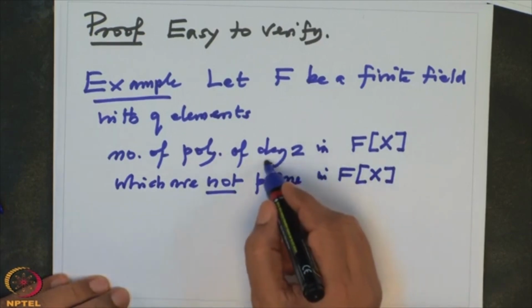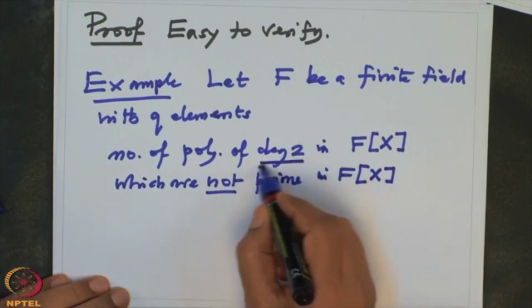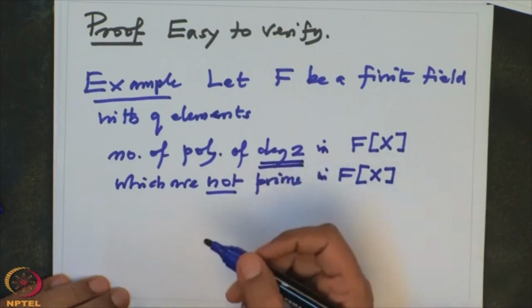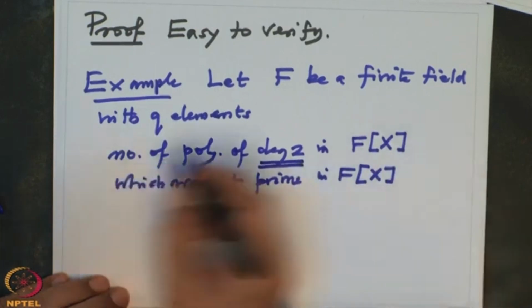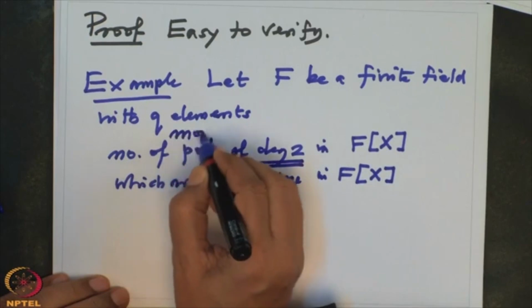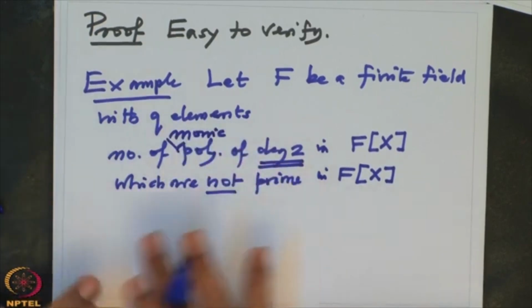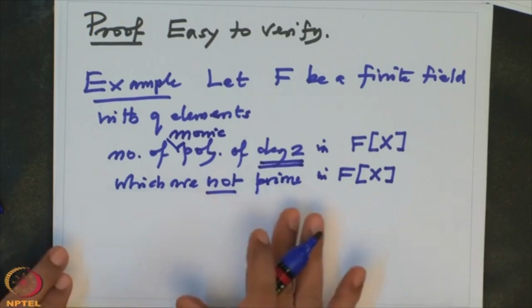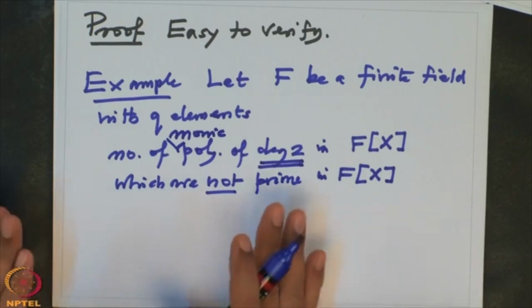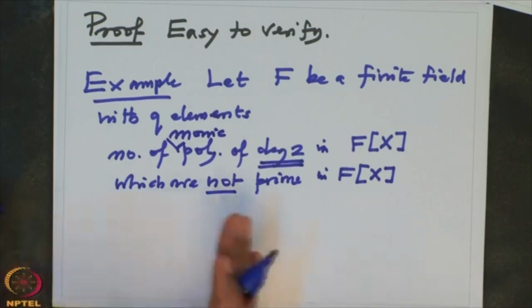Let us say the number of monic polynomials. How can a degree 2 monic polynomial not be prime? The only possibility is that it splits into two linear factors, which may be repeated or non-repeated.